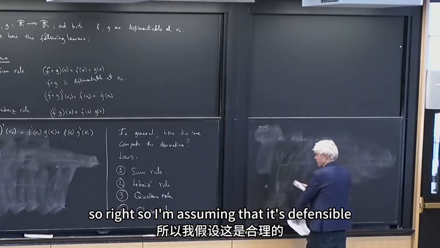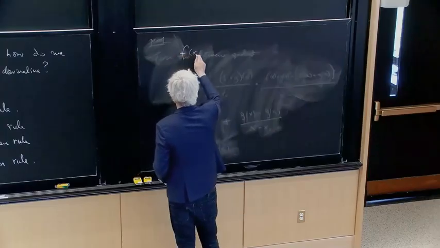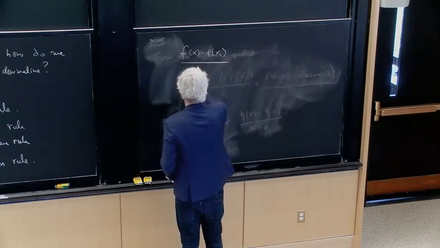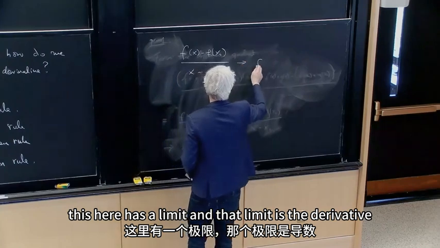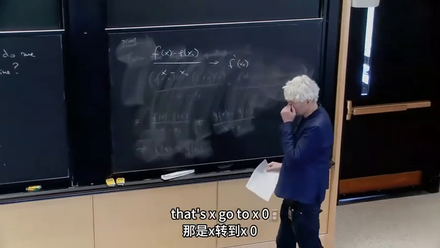So I'm assuming that it's differentiable. This means that this difference quotient here has a limit, and that limit is the derivative, as x goes to x0.